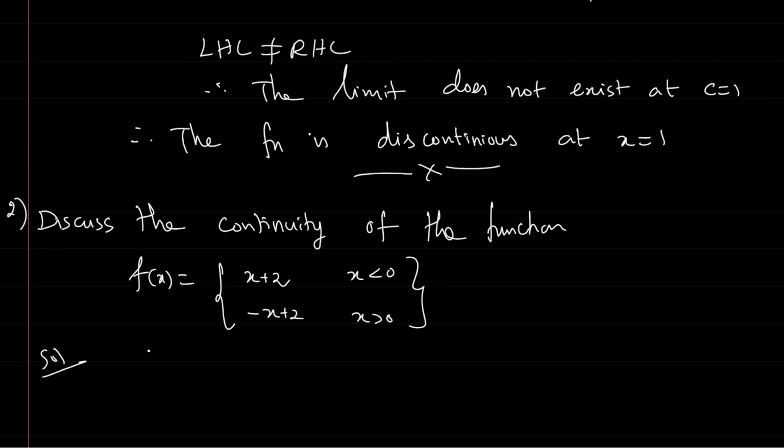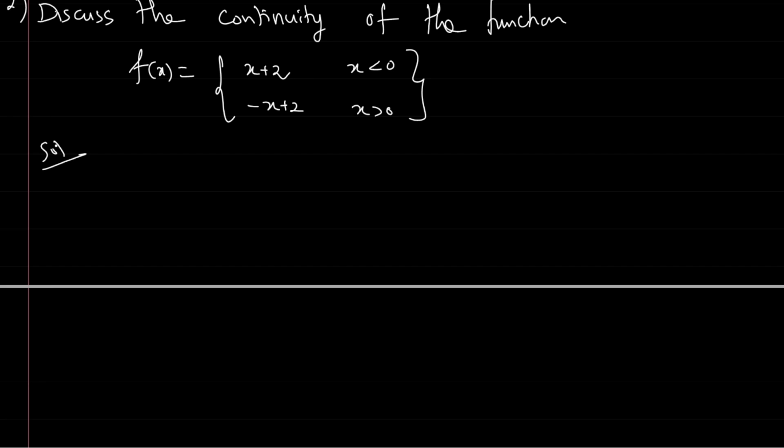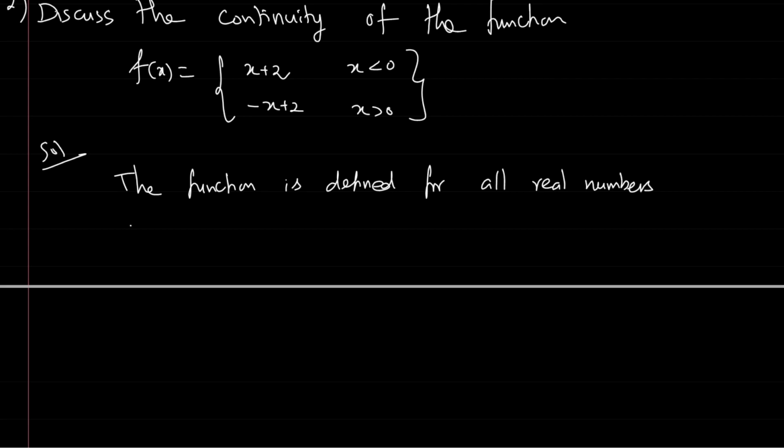Now the next problem is discuss the continuity of the function f of x is equal to x plus 2, x less than 0 and minus x plus 2, x greater than 0. See here the function is defined for all real numbers except 0.